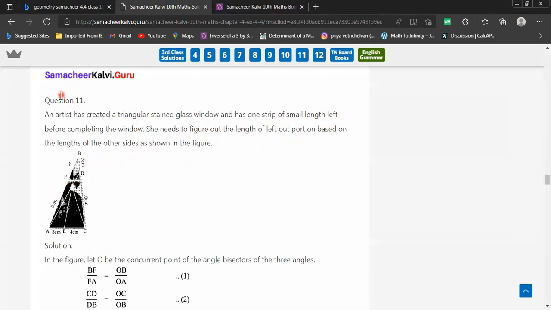So what they're asking: one strip of small length left before completing the window. Which means she didn't stain that part.